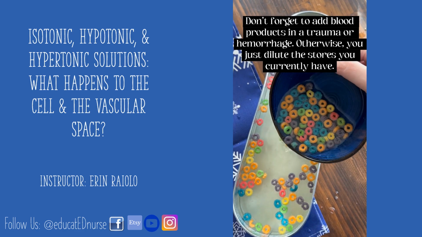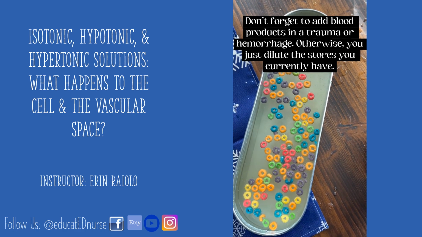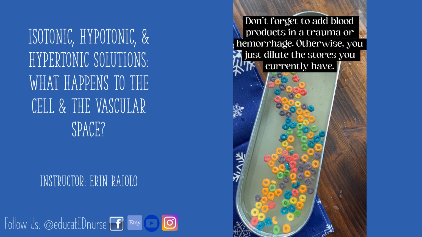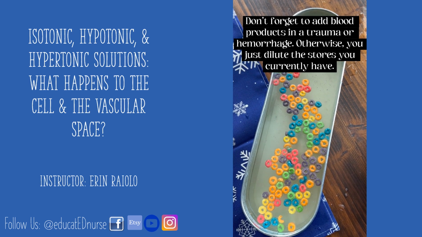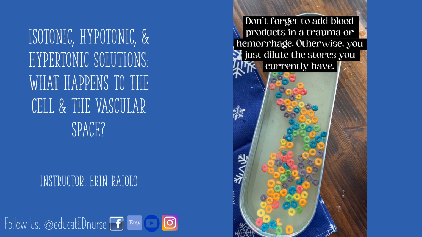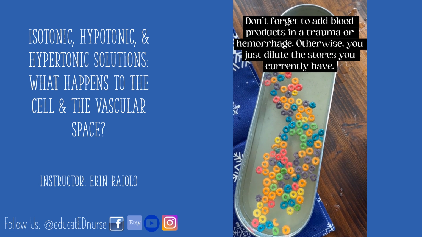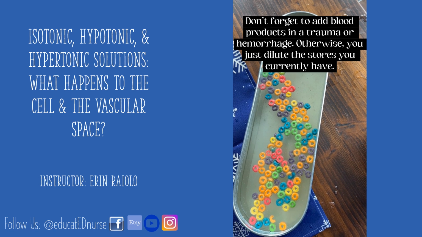So giving them some whole blood so you can add in those extra blood components is super important, because otherwise if you don't add those blood components in, all you're going to do is dilute the stores that you already have. And you still aren't going to have the effects of those red blood cells and the oxygen carrying capacity and the role of the platelets and the white blood cells.